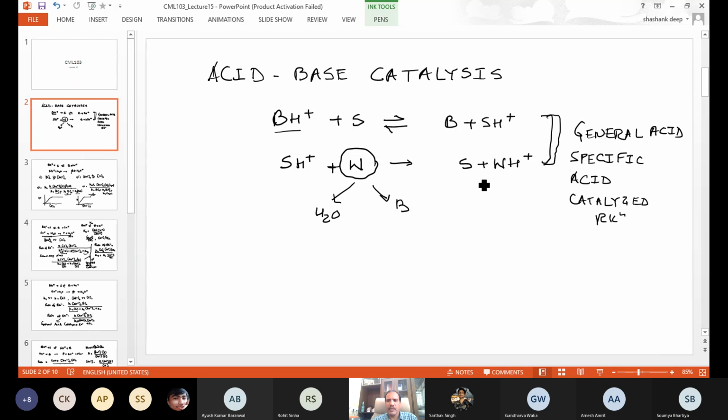So this is the general mechanism. In the last lecture, I discussed that W can be water, but W can also be a base, and we will see what happens if it is a base. This general mechanism includes both general acid catalyzed and specific acid catalyzed reactions.